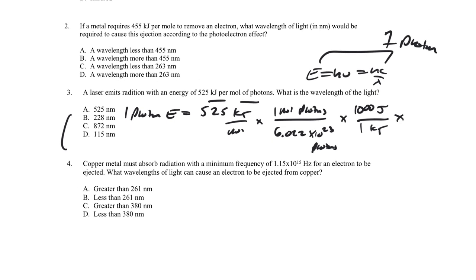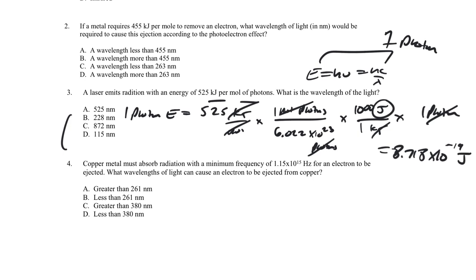And then I want the energy of just one photon. So 1 photon, mole cancels, kilojoule cancels. So that's my photon energy here in joules. Should be really small. So I get 8.718 times 10 to the minus 19 joules.